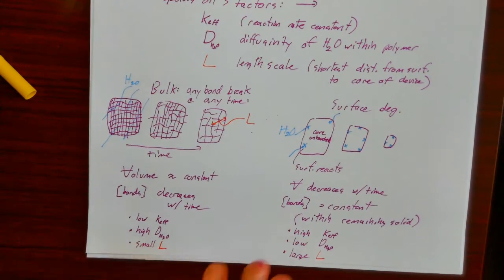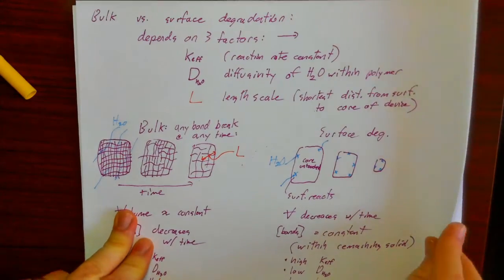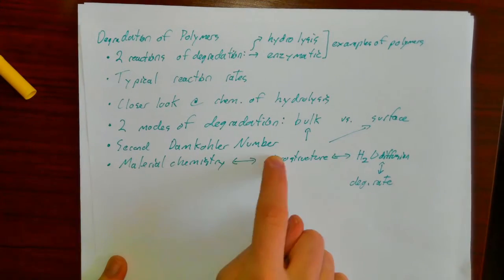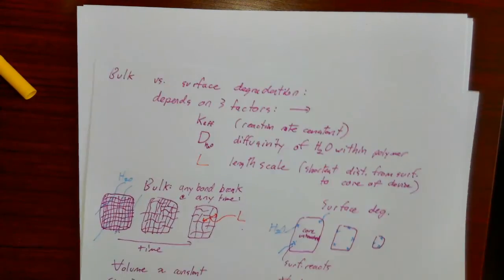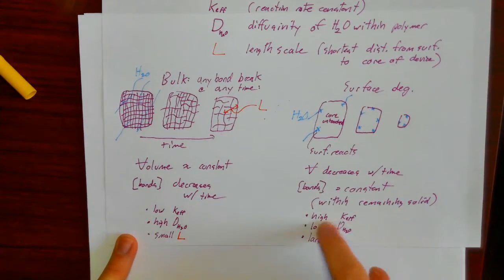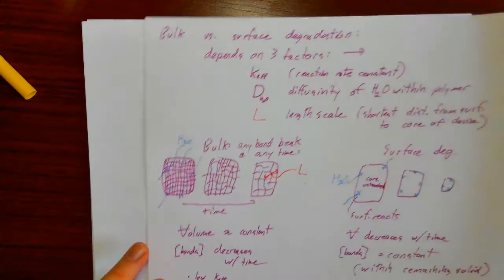All right, and it turns out that you can combine all of these effects into what's called the second Damköhler number. The second Damköhler number essentially decides whether we're doing bulk or surface degradation by quantitatively combining all of these, what's high, what's low, all together.